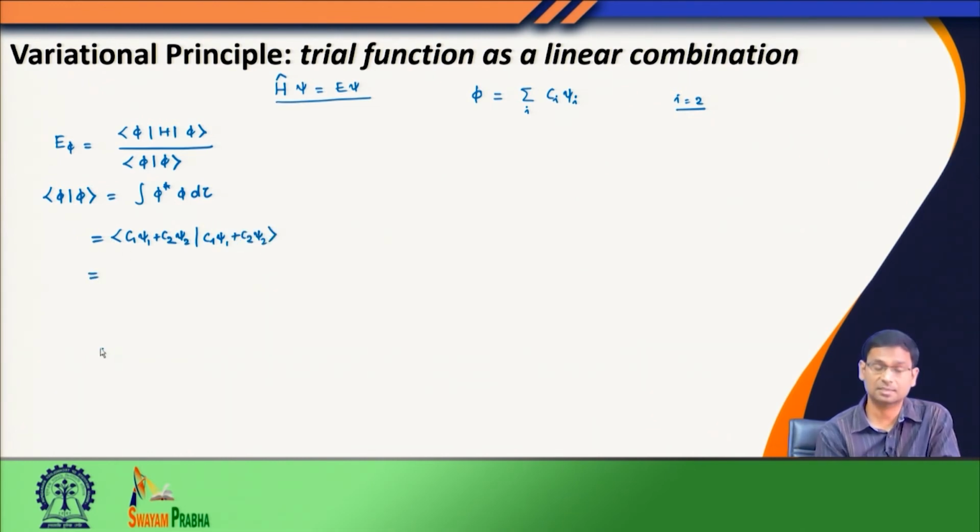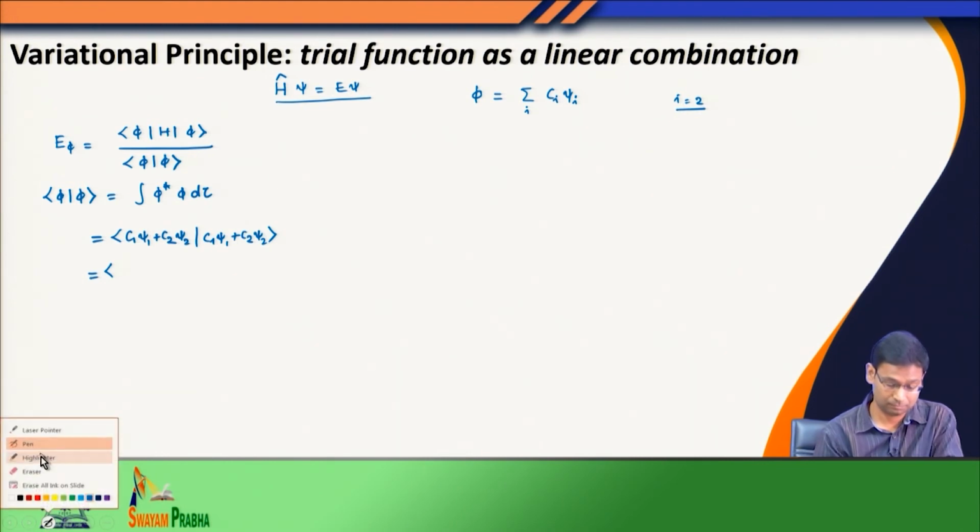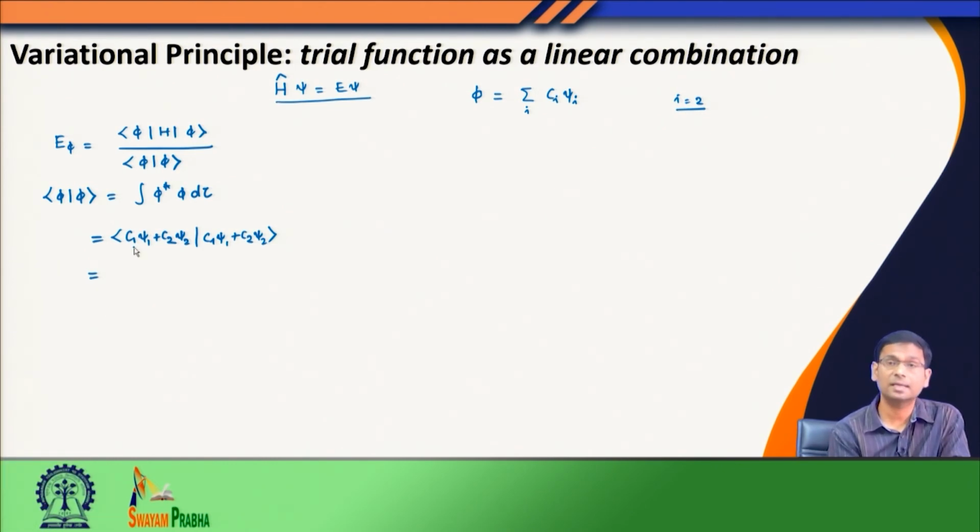So, I can expand it as several terms. Here the C 1 is in the bra side, so I bring this C 1 star out. Here C 1 is in the ket, so I bring this out; this is mere C 1. So, I have psi 1 psi 1, plus similarly C 1 star C 2 psi 1 psi 2.